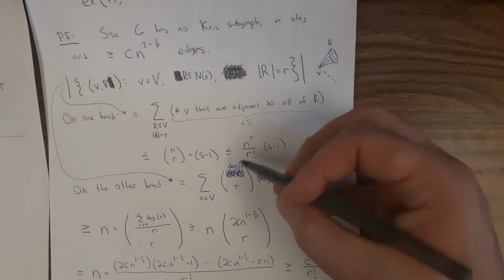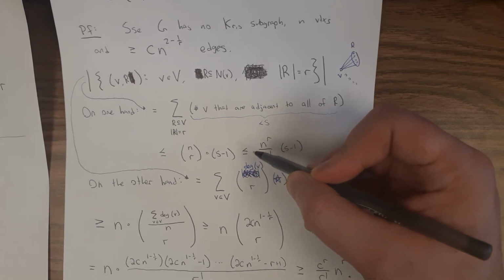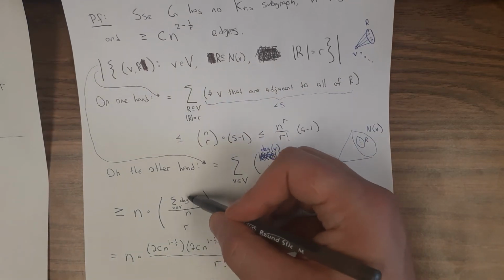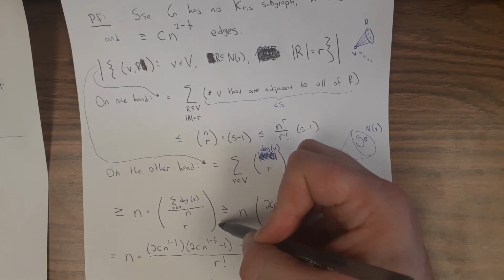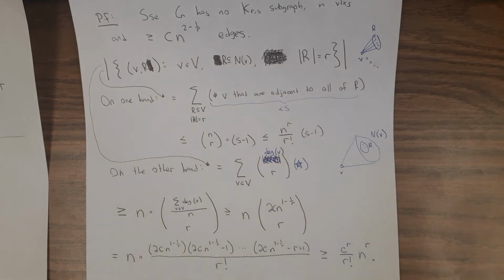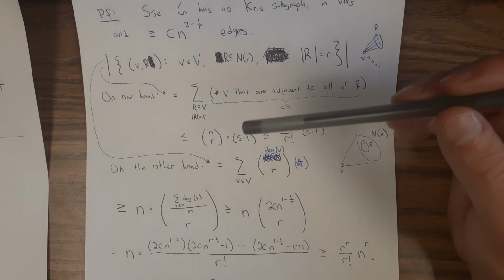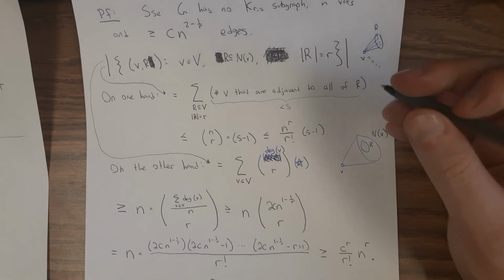In other words, the average of these numbers, the degree of v. So here's the average of those numbers, and I'm plugging it into f. And that's the application of Jensen's inequality.